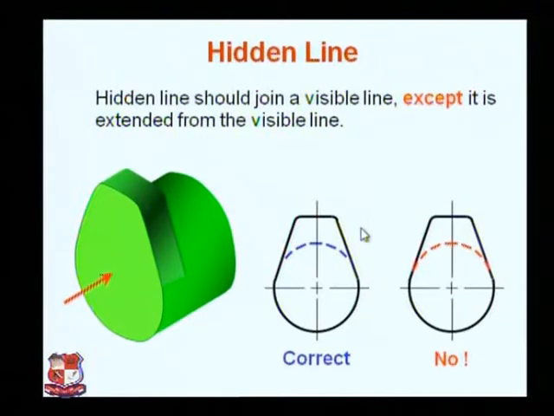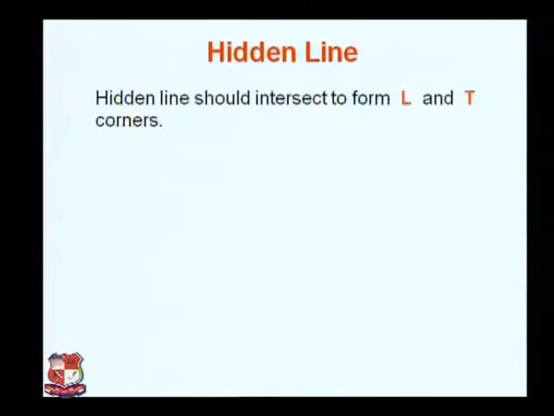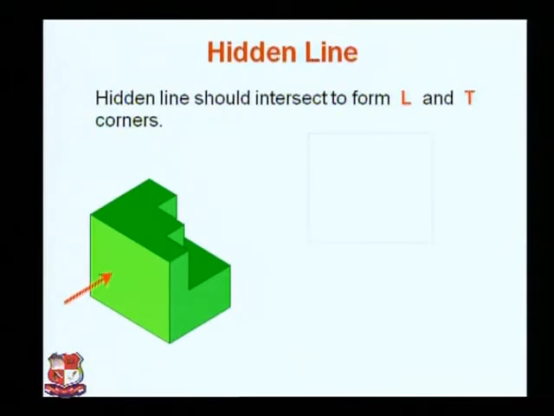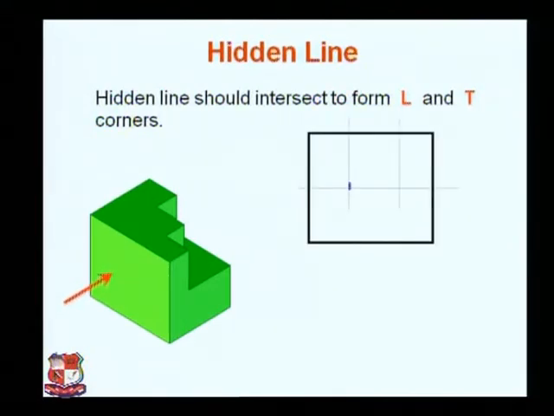In case of a straight line, space should be left. Hidden lines should intersect to form L and T corners like this. In this shape, these are the hidden lines. If hidden lines are there, here an L shape or T shape should be there. This is the correct representation of the object.